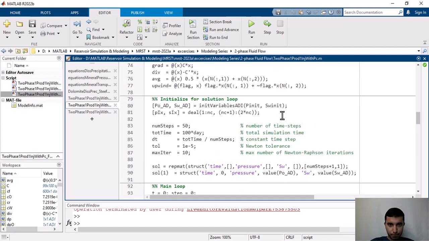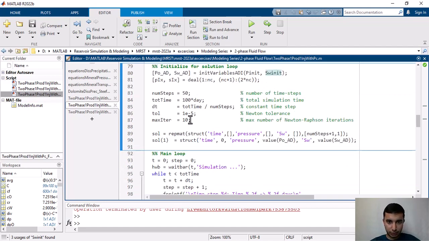Alright, as you see, I still have two parameters here: the initial pressure and the water saturation. But why hasn't the number of unknowns increased? Because I have already substituted the capillary pressure relation into the governing equations that I have.